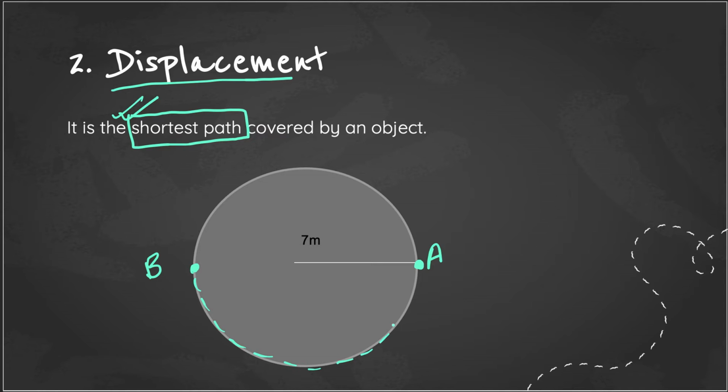Yes, it is covering this much path. This is an indirect way. What could be the direct way of covering the path? The direct way could be this. Yes, this line. Wait, let me draw it with red. This line is the direct path.